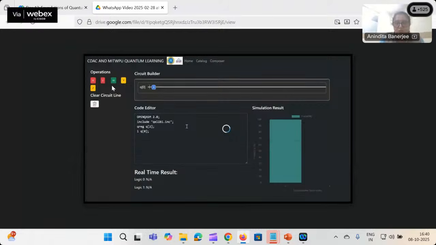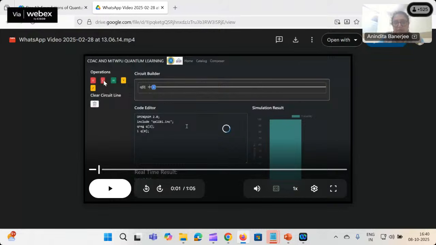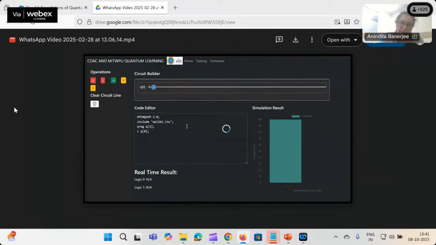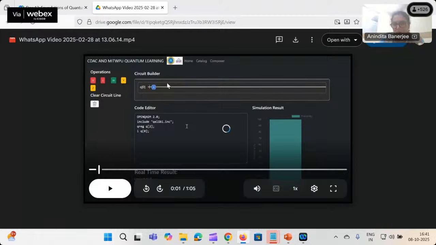We were randomly choosing between these quantum gates, and the corresponding command was going via our network to the quantum circuit hardware. We were collecting the data, and then the results were published. You will see words like latency here. You will see the simulation. Simulation is always 100%. You will see the real-time result.